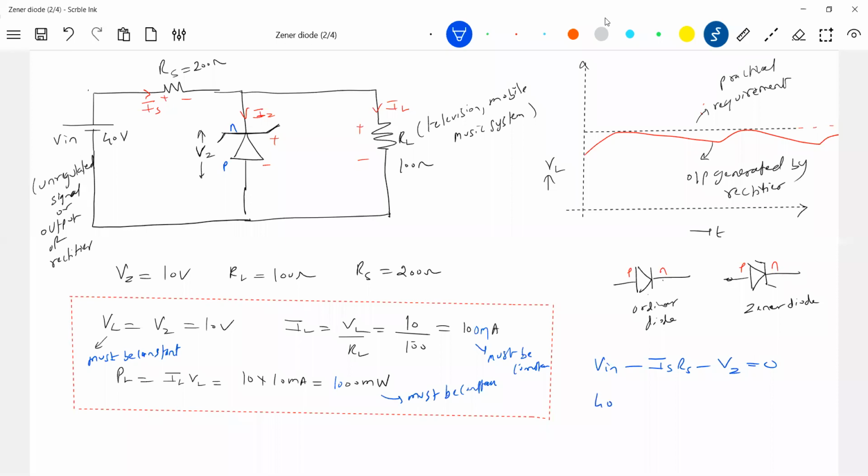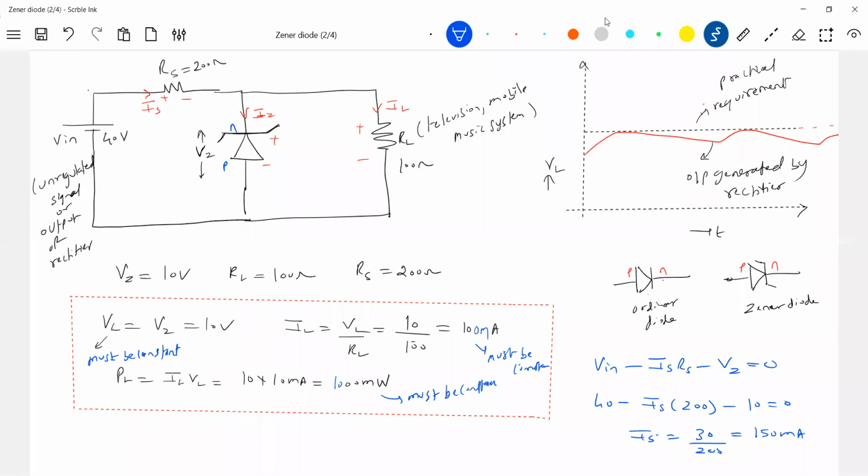So Vin is how much? 40. This is 200. VZ is 10. 30 by 200. Anybody? How much? 150 milliampere. So that is the current flowing through the source and this 40 volt.